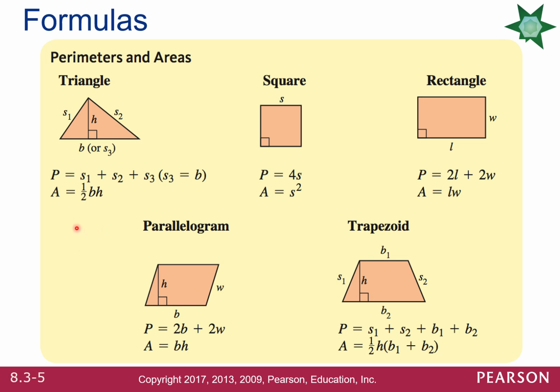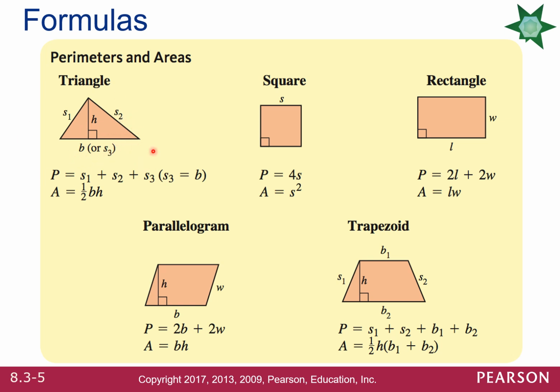Here's a figure of a triangle. This is a triangular figure, and each side is marked as S1, S2, and S3. These are all different sizes. S1 is the smallest length, then S2, as we can make out from this picture.